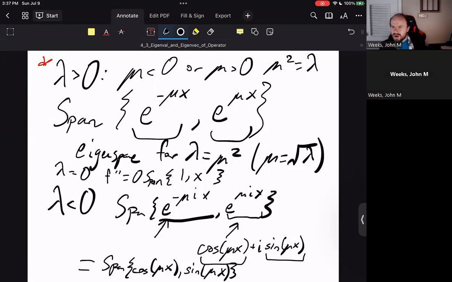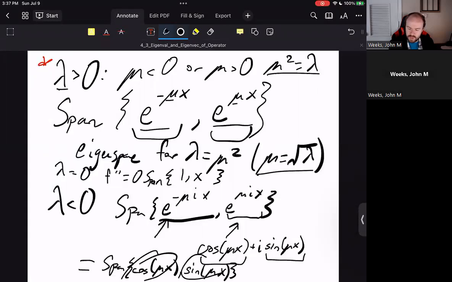Notice, by the way, that these are all eigenspaces of dimension 2. There are 2 functions in the span of each one. Remember, if you fix a lambda, mu is predetermined to be the positive square root of lambda. So this is 2 functions inside of here, and this is 2 functions inside of here, no matter how you write it, this one or this one. And then this one is also 2 functions.